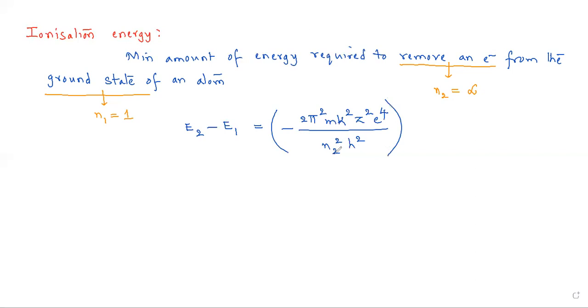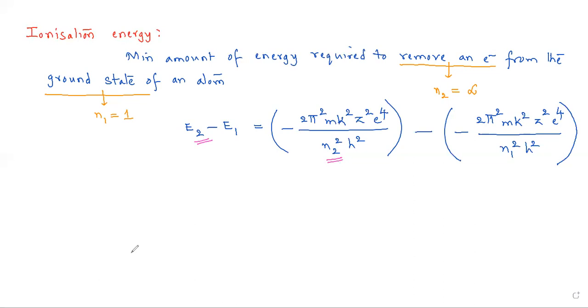Only difference is, see here I have taken n2 because it is for E2. Now go for E1, keep a minus sign, minus of minus 2 pi square m k square z square e to the power 4 by n1 square h square. Isn't it? Because this is for E1, I have taken n1.